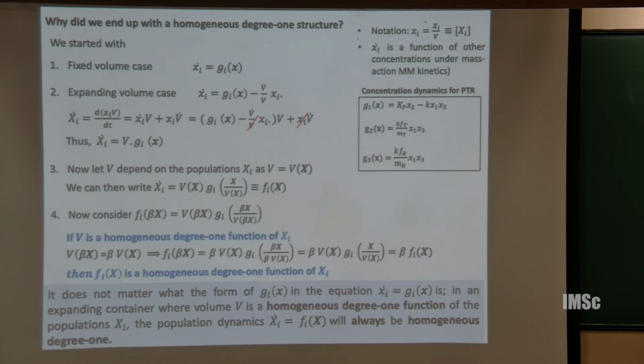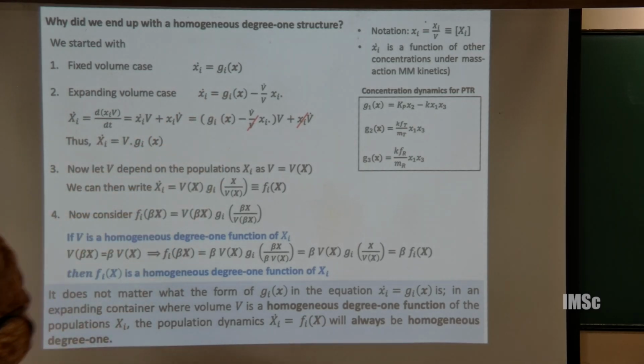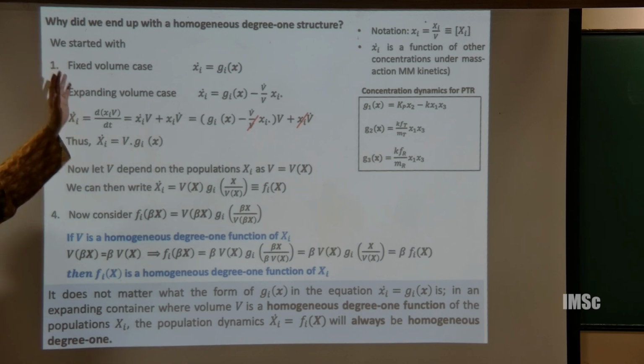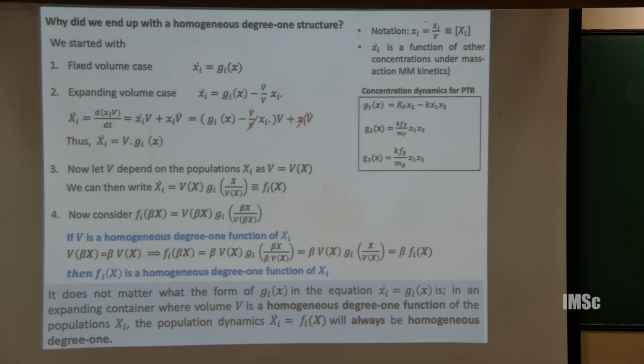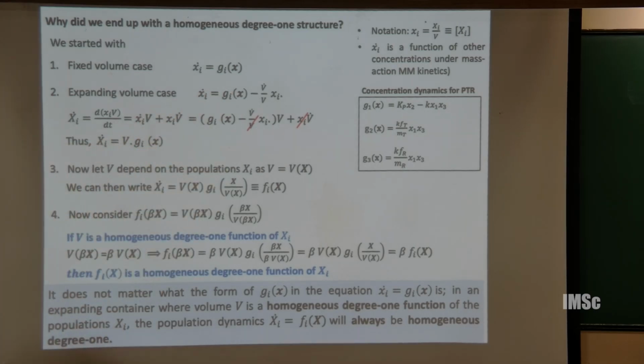You can have Michaelis-Menten kinetics, as long as the rate of change of concentration depends upon other concentrations. You will have some particular functional form G. You can have a regulation, you can have any kind of thing. Okay, so we have this.